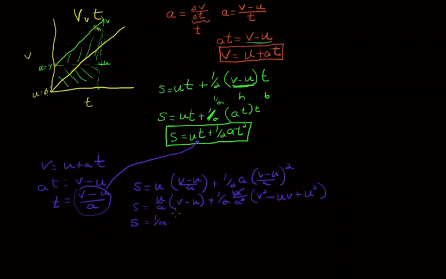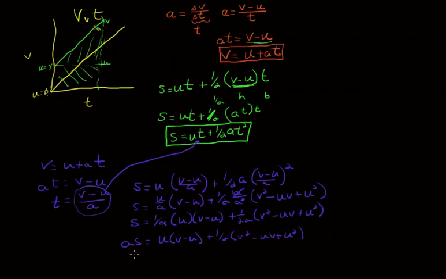Equals 1 over a times u times v minus u. Isn't this a pretty little picture here? 1 over 2a times v squared minus uv plus u squared. All right, and I can bring this a out of both and multiply it the other side. So as equals u times v minus u plus 1/2 v squared minus uv plus u squared.